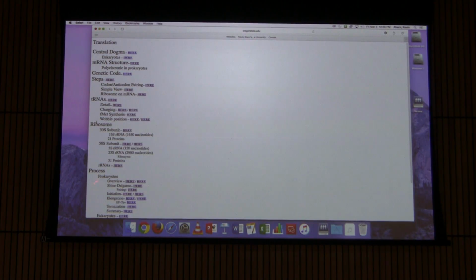Okay? The large subunit, the 50S subunit in prokaryotic cells, has both the 5S, which has 120 nucleotides, and a 23S ribosomal RNA, which has about 2,900 nucleotides. It's in the large subunit where the peptide bond is actually formed during the process of translation to join individual amino acids together.